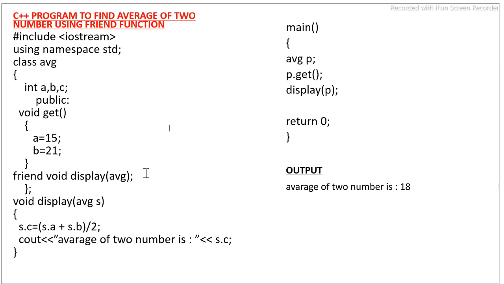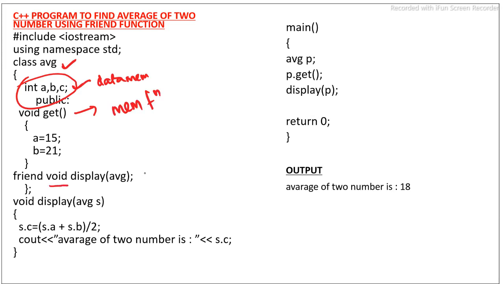In the class declaration we have taken a class, avg is the class name here. Inside the class, a, b, c are the data members, and these are private data members. We have taken a public member function, void get, and one friend function here.